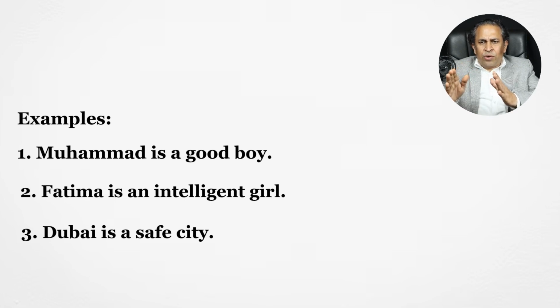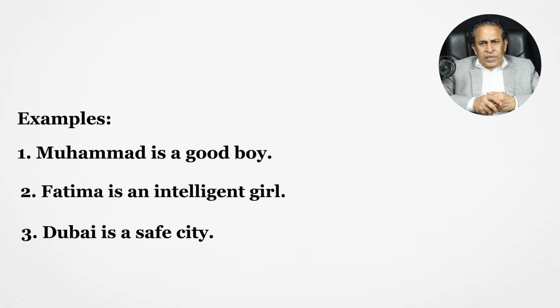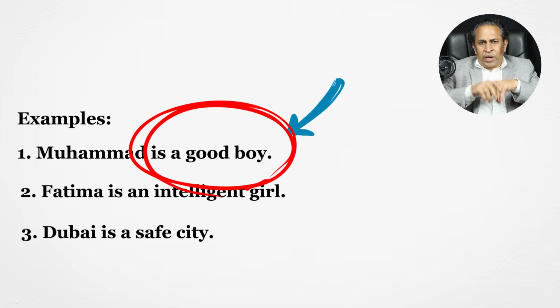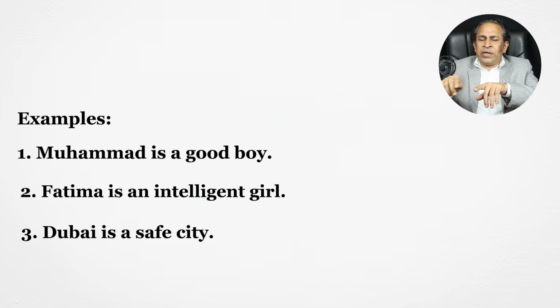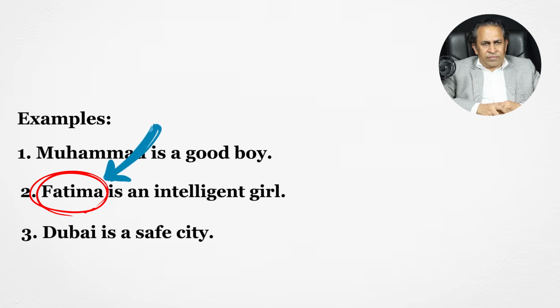Muhammad is a good boy. Muhammad is the person you are talking about. What are you saying about Muhammad? Is a good boy. So there are two components, Muhammad and is a good boy, right? Similarly, Fatima is an intelligent girl. Here you have Fatima to talk about.